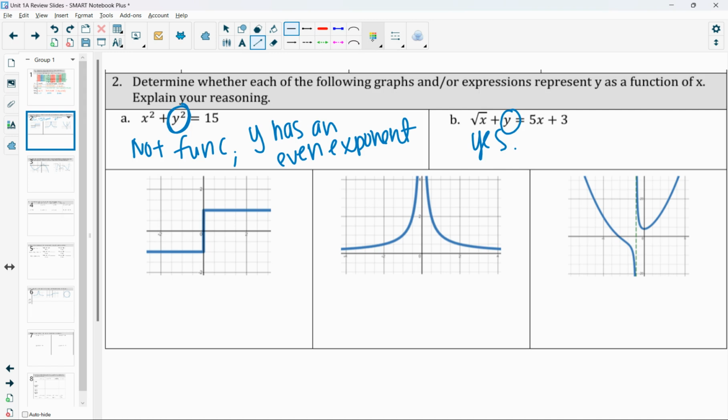Then once we go into graphs of functions, they have to pass the vertical line test, which means they can't touch a vertical line more than once anywhere. And so if we kind of look at moving this vertical line across, it's fine here, but right here the graph goes vertical. And so then this one is not a function, because it doesn't pass the vertical line test.